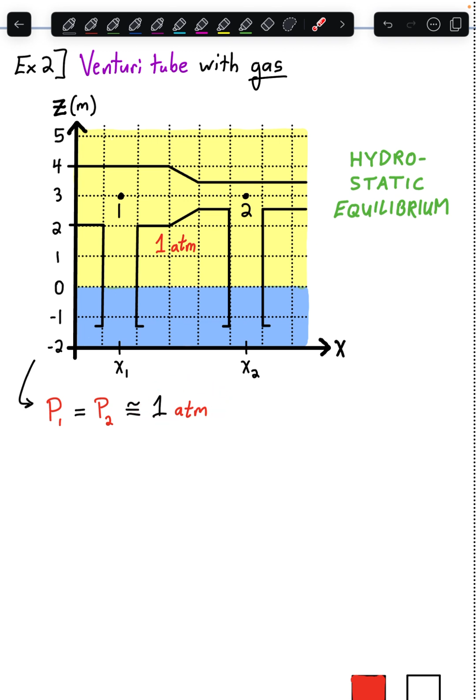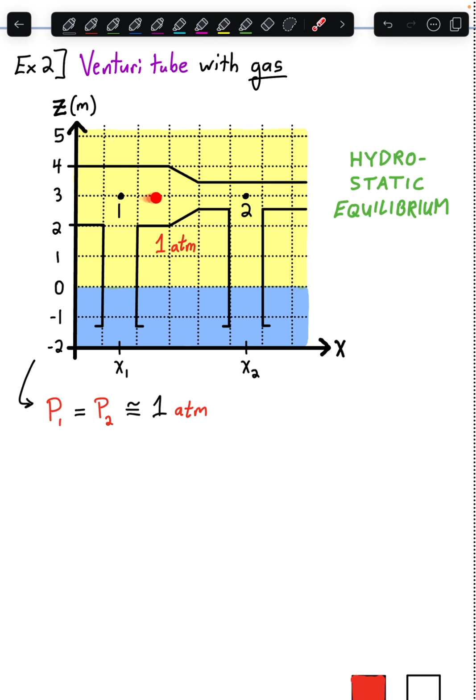And let's predict now what's going to happen if we start pumping gas through the tube from left to right. So we start to get a flow of gas in here that is separated from the surrounding air.